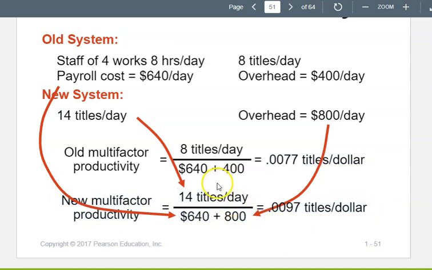So with this example you can see that you don't have to keep the inputs or outputs constant and change the other one in order to increase productivity.